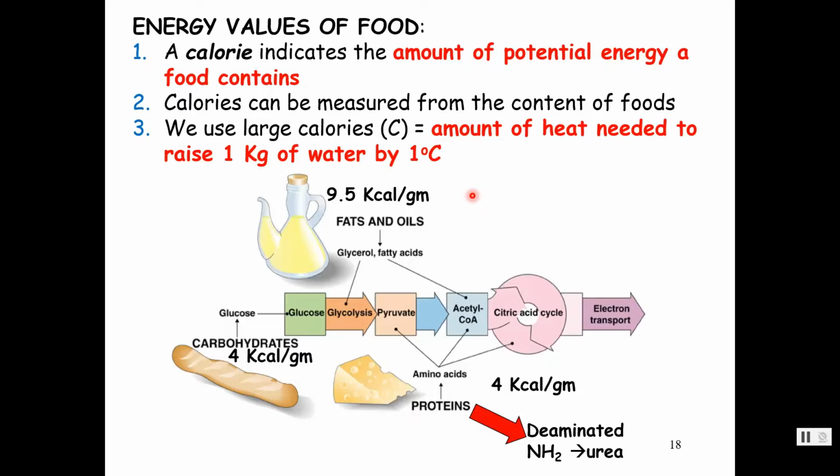This is why our long-term energy storage is adipose tissue, so it's going to be fat. Think about it: if you have to carry something around for a really long time, like when you put that weight on in high school and you're still carrying it when you're 50, you really want that to be as light as possible, so you want to get the most bang for your buck. So when you go camping, you don't bring a whole bunch of canned goods, because canned goods will be way heavy. You're going to bring in some freeze-dried food, so things that won't weigh as much.